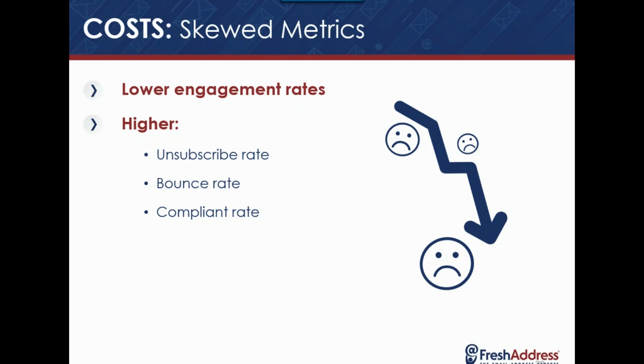So lower engagement, absolutely. If not managed properly, at least some good portion of these will turn into bouncing email addresses. So this is something it's really important to keep an eye on now, and potentially a big problem if you don't manage it down the road.